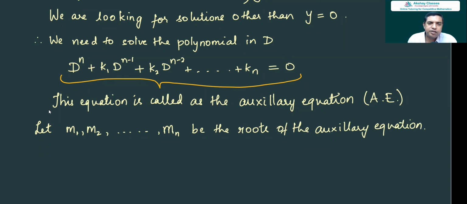Because a polynomial of degree n will have n roots. This is the fundamental theorem of algebra. A polynomial of degree n will have n roots, either real or complex. So now let us consider cases.